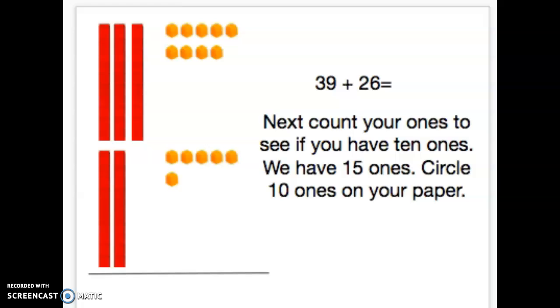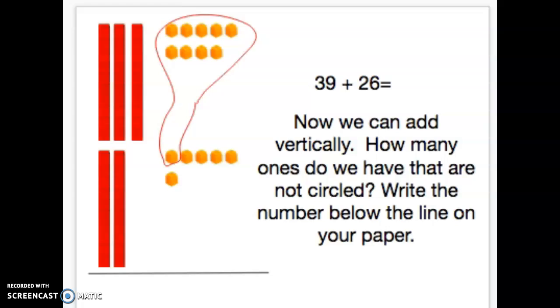Next, count your ones to see if you have 10 ones. So we have 9, 10, 11, 12, 13, 14, 15. We have 15 ones. So I want you to circle 10 ones on your paper. Now that I've circled 10 ones, I'm ready to add vertically.